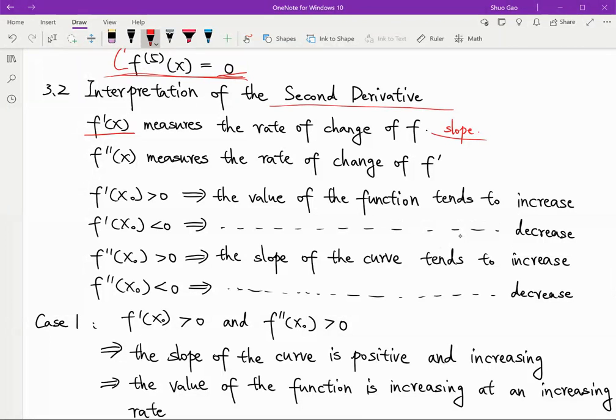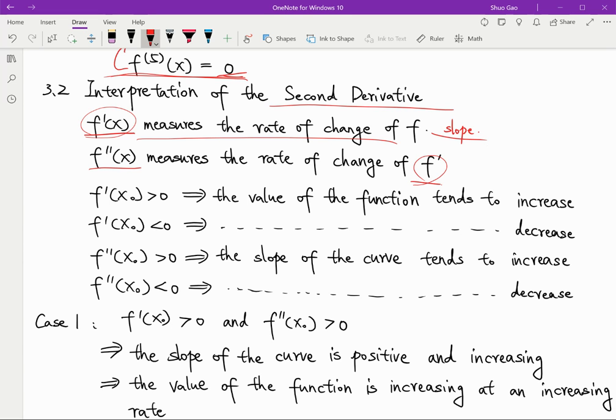And then f''(x) means the rate of change of f', right? Since f'(x) is the rate of change of function f, f''(x) is the rate of change of function f'. Because for function f, we take the first derivative, we get f'(x). And for f', we take the first derivative, and then we get f''(x).